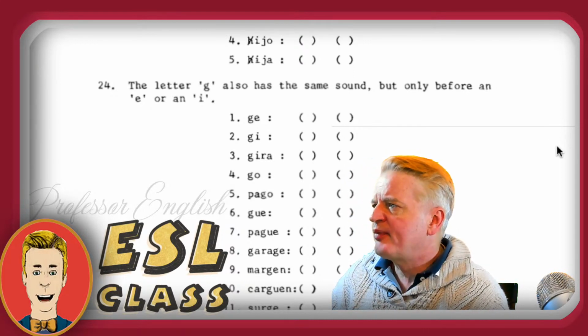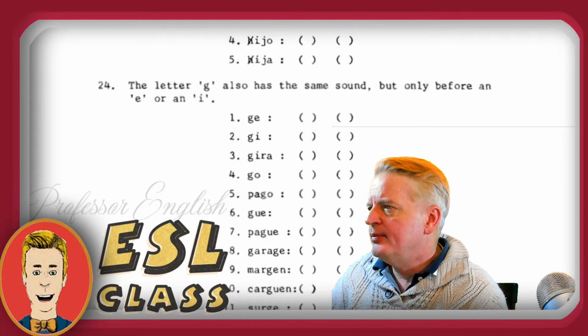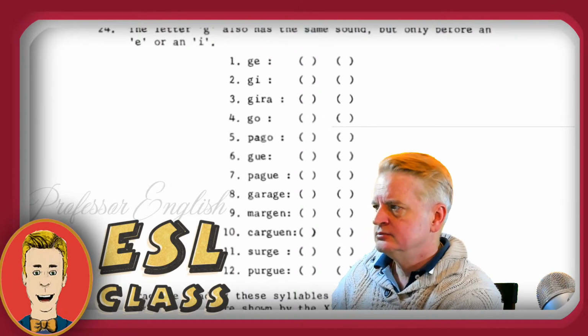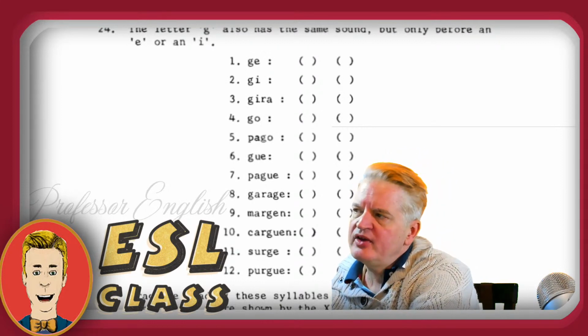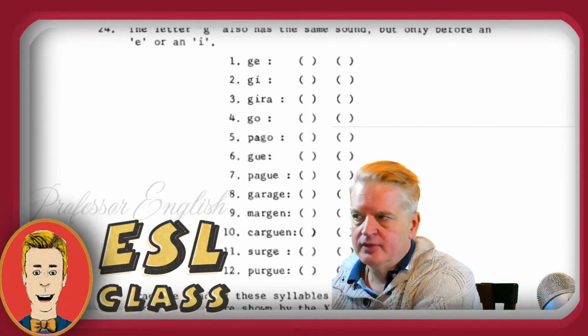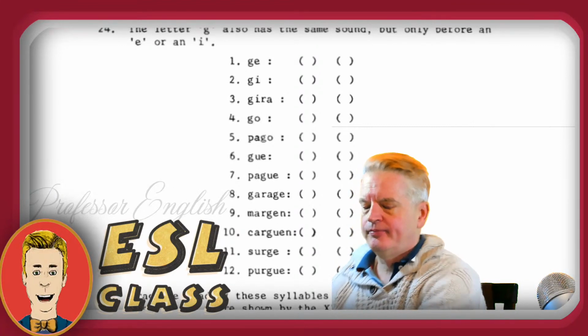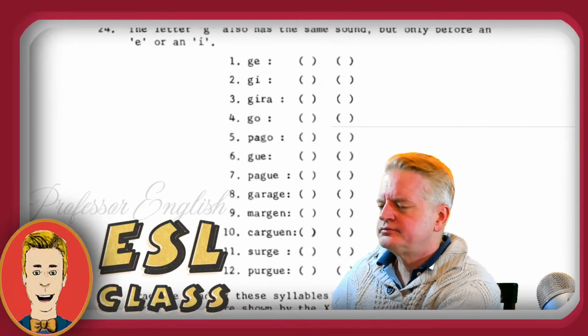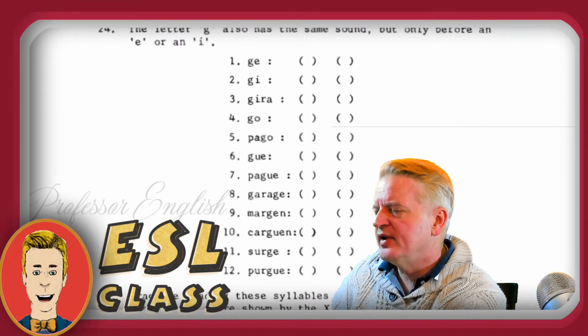The letter G also has the same sound, but only before an E or an I. 1. G-E. He. 2. G-I. He. 3. G-R. Well, now they're going to be words.